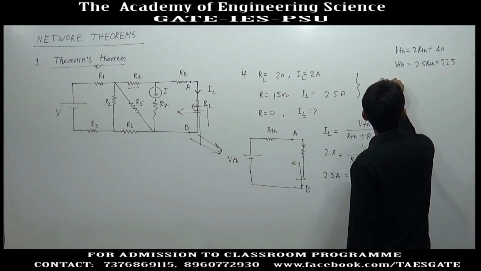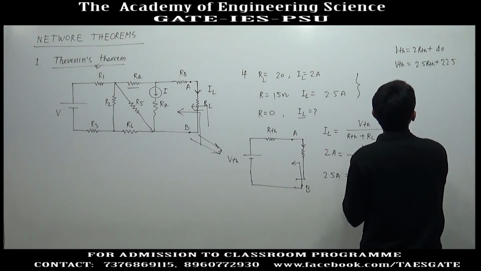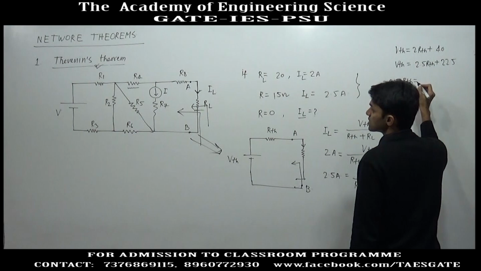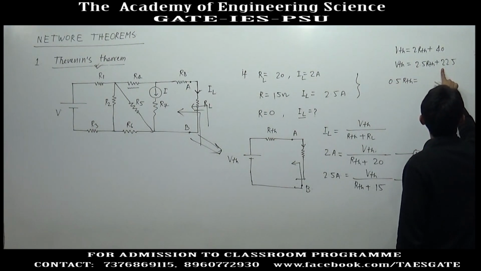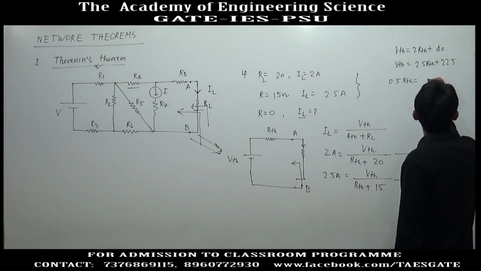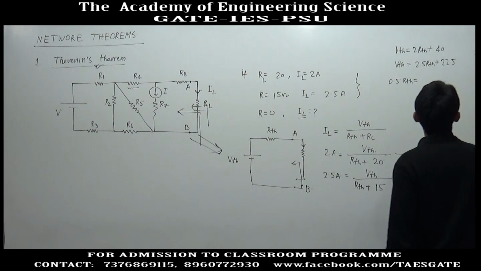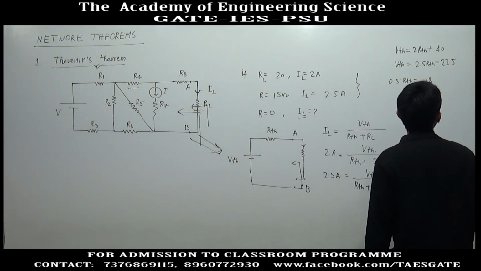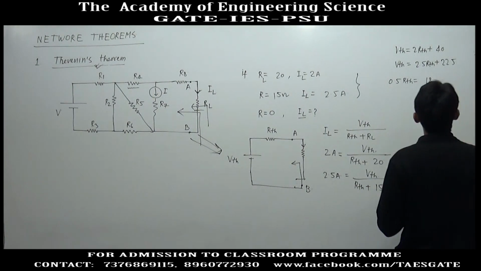So, if we subtract, we will get 0.5 RTH is equal to 17.5.